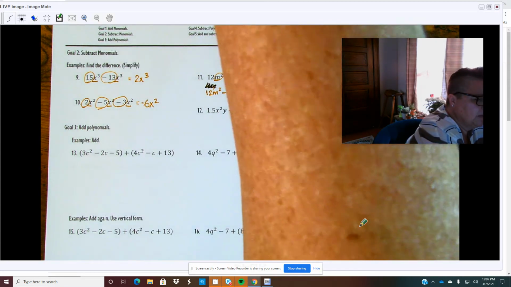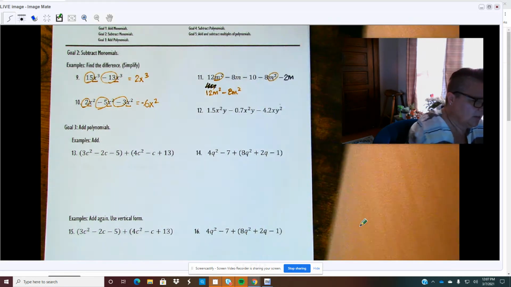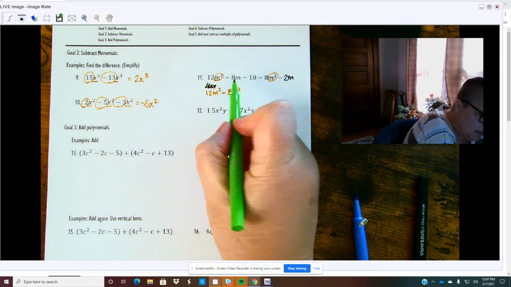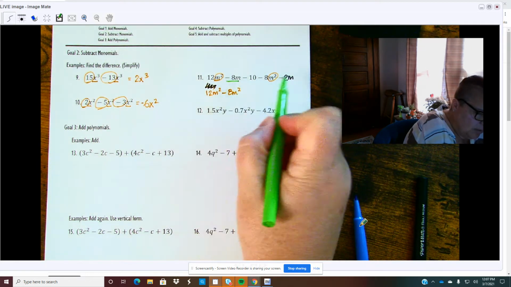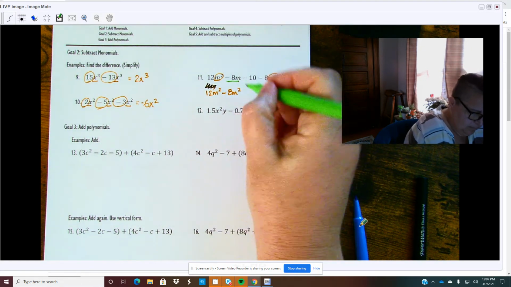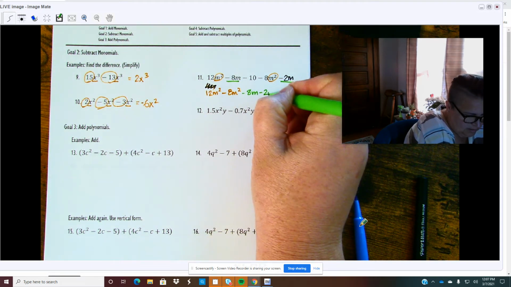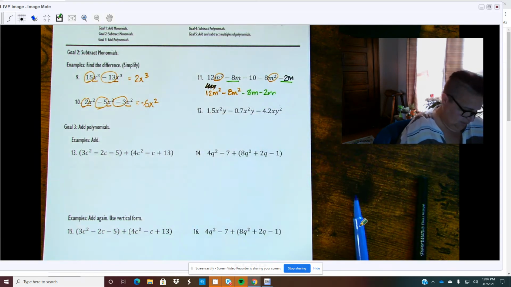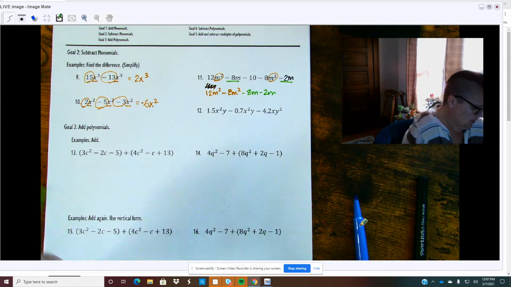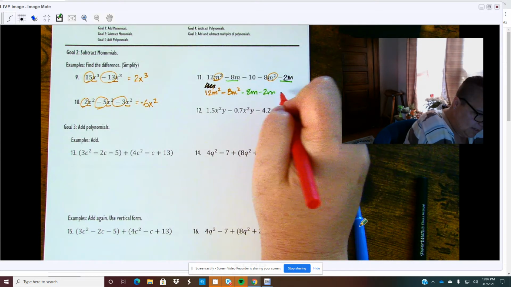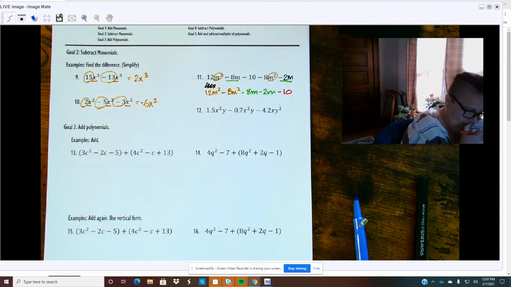I'm going to grab a different color here. Let's try the green. I don't think I've done much with the green. And then I've got a minus 8m and a minus 2m. Those two are alike. Notice I'm keeping the minus signs from in front. And then I just have a single minus 10 tacked on here at the end.